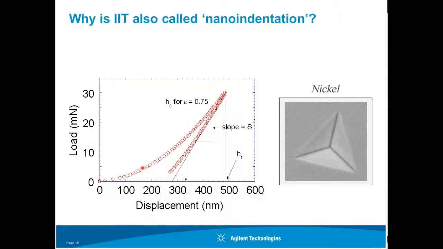Okay. Are we able to extract with this technique mechanical information on multi-layers, thin film structure? Yes, it is fairly straightforward now to extract the properties of a single film on a substrate.